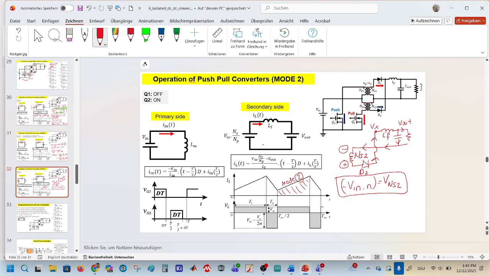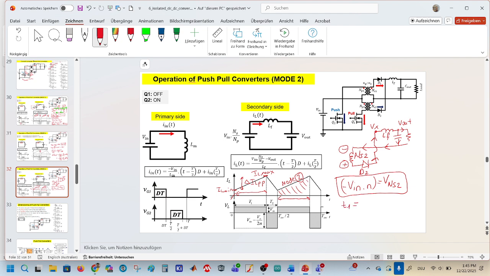In practical applications, it's in continuous conduction mode. This was the minimum value of current on the inductor, and this was the max peak, and this is the peak ripple current, and this time here should be exactly equal to this time here.